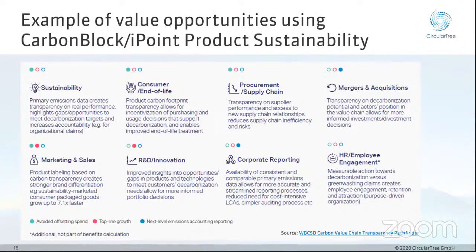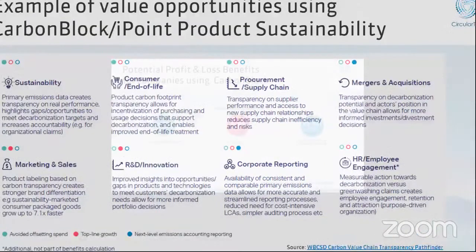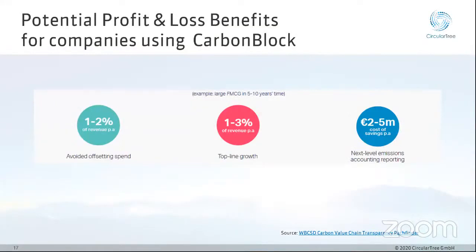And in my last slide, you see they've also monetized this. This was an example of a large fast-moving consumer goods manufacturing company over a 5 to 10 year time frame, but they think 1 to 2% of the revenue could be avoided offsetting spend.